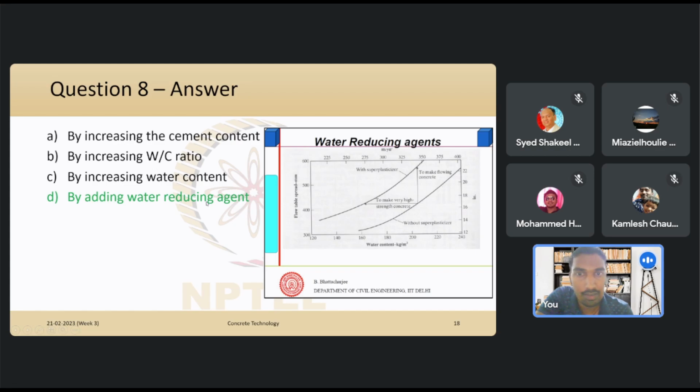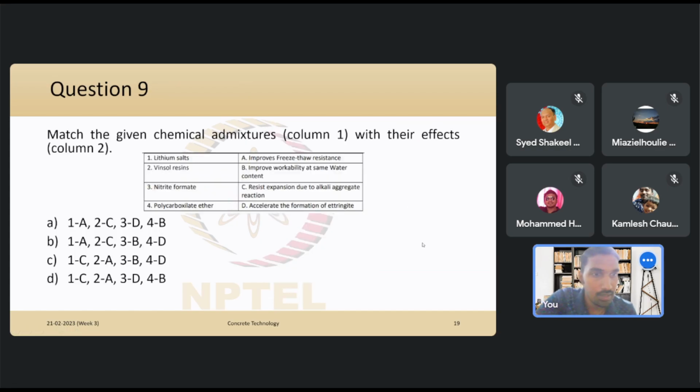It's just different terminology referring to the same admixture. That's why in the graph we have written super plasticizer. It is also a water reducing agent only. Okay, is that clear?